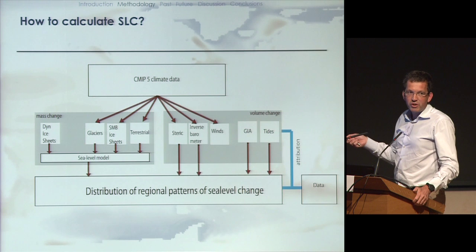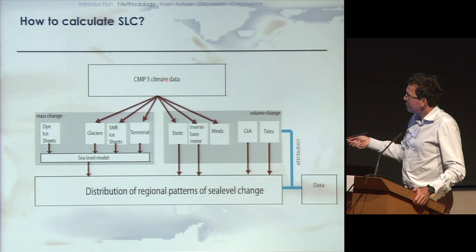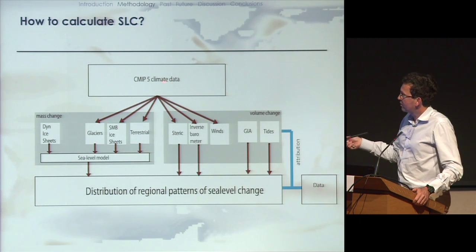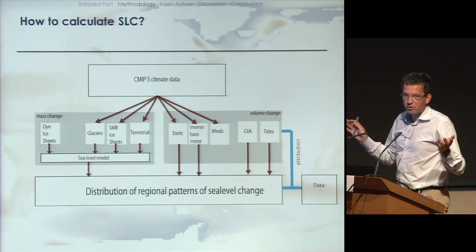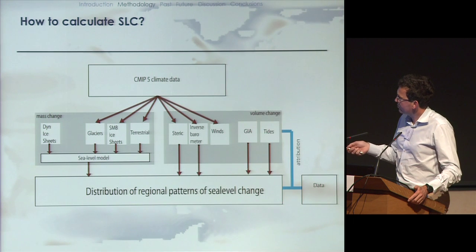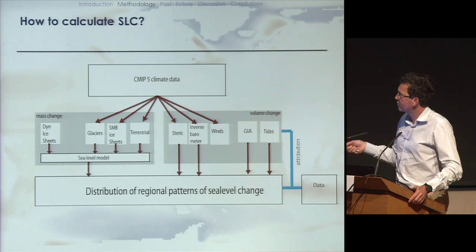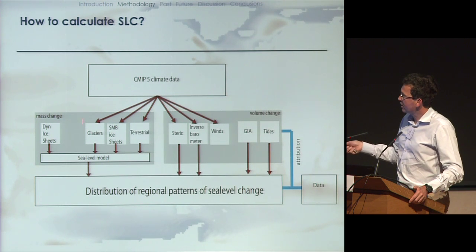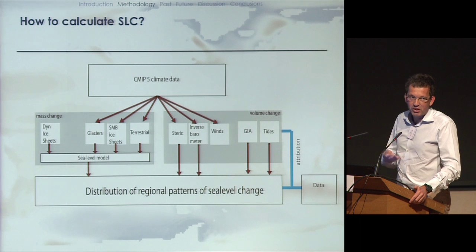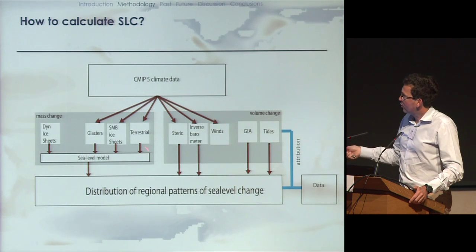Most of the changes are driven by CMIP5 climate data, so from the CMIP5 database, which contains roughly 21 or 24, something like that, climate models which can be used to do this kind of calculations. You can calculate the glacier contribution, you can calculate something on the surface mass balance of the ice sheets, and you can calculate the terrestrial contribution.